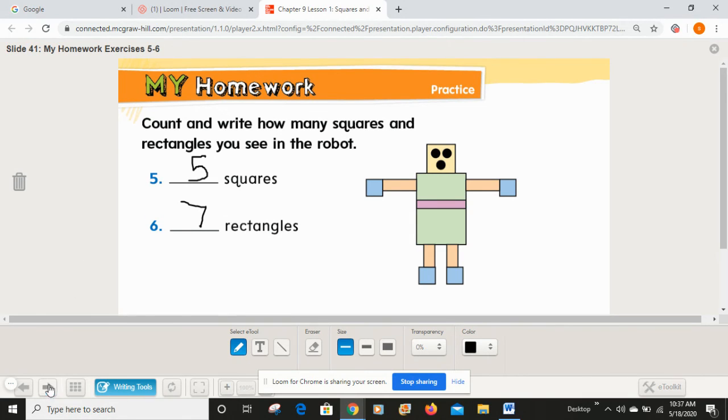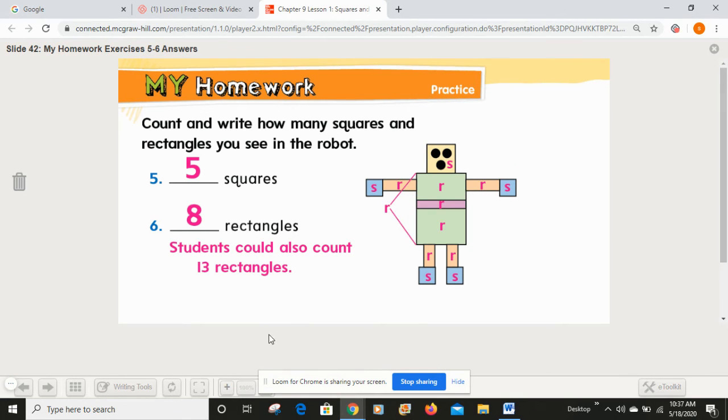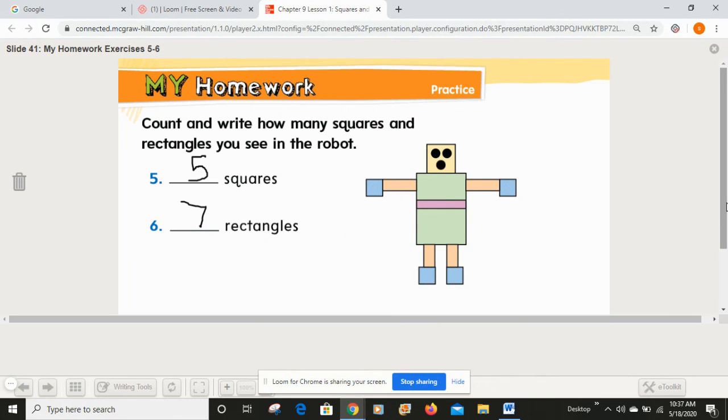Now, if I check my answers to see if I'm right, I'm not. I'm right on the squares, but what rectangle did I miss? If I look back, and some of you may have seen it right away, here's a rectangle right there. Here's a long, skinny rectangle right there. Here's another rectangle, and those three rectangles make up the body of the robot. So there's another one there.